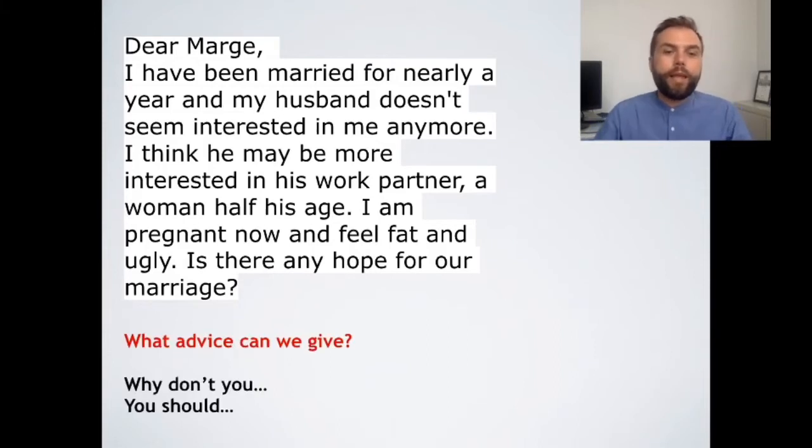Okay, and again, the task here is brainstorming advice. Now, of course, if this lesson was for teenagers, I would change this example and do something different. This example's more for adults. So again, students in pairs, they brainstorm some advice, and then you bring everybody together as a class and share your ideas.